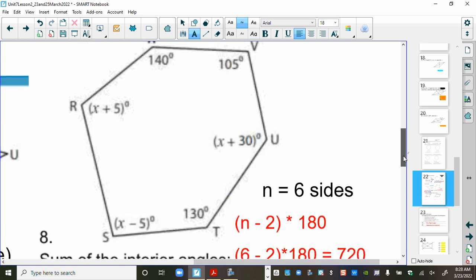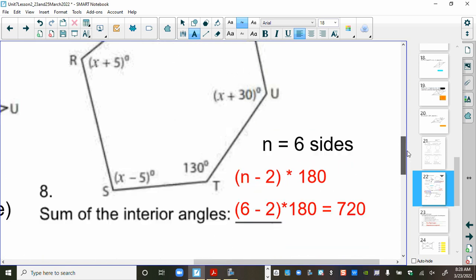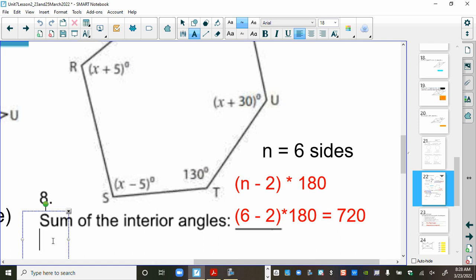Then you're going to have to take these 6. I'm not going to go beyond here. You're going to have to take these 6 expressions or numbers. So let's see, 140, 105, 130. I'm just going to write that here.